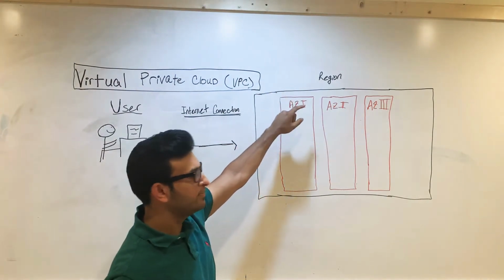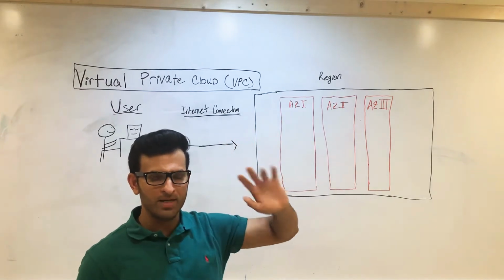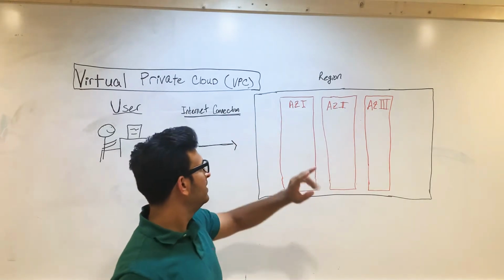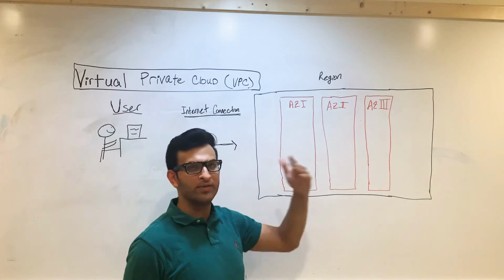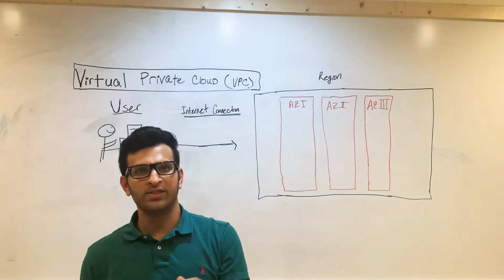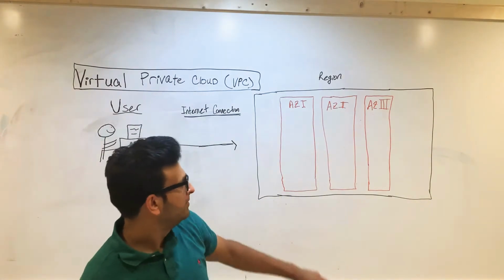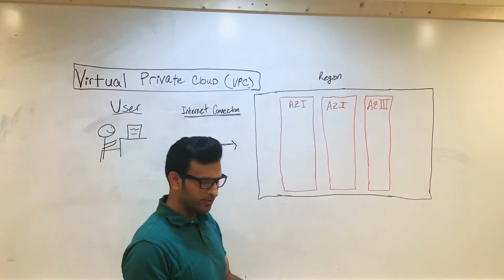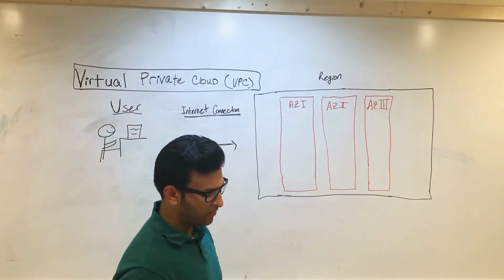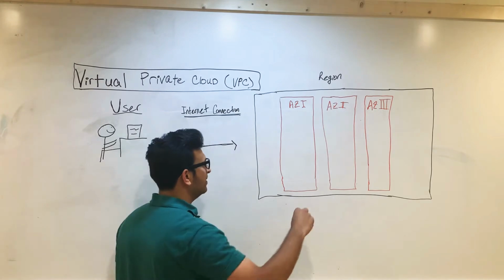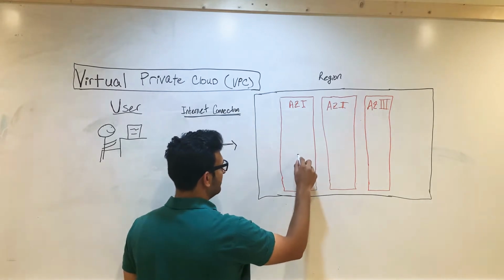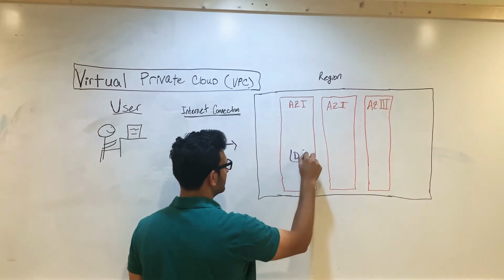Within the region, there are at minimum 2 availability zones. I'm just showing 3 so you are aware that there can be more than 2, because in the first series I only drew 2. And then I also said that within availability zones, like our Netflix example, we have databases.